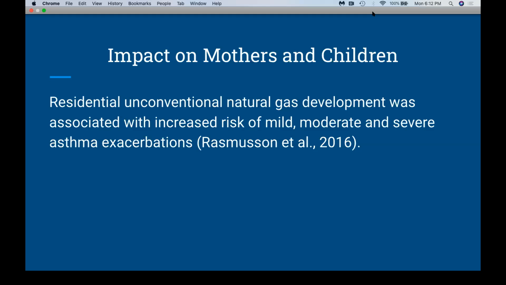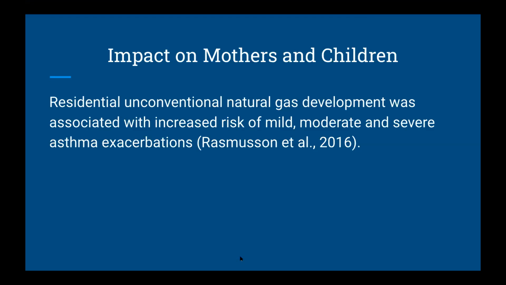There were 31 cases observed in these Pennsylvania counties, a 40% increase from cases from 1995 to 2005. 1995 was a period prior to fracking, and after the fracking started, they saw that 40% jump. That hasn't really been studied yet.